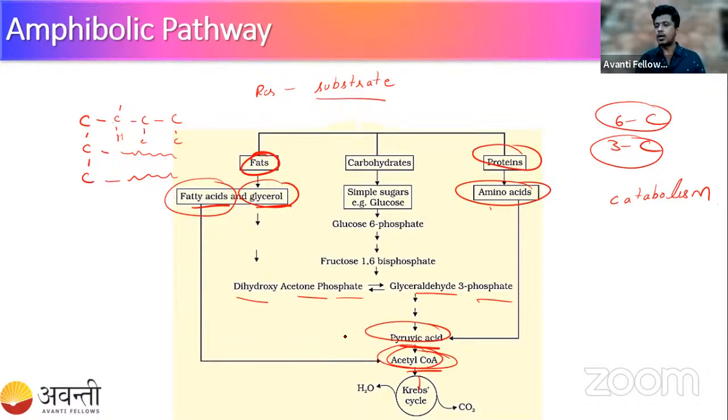For the synthesis of proteins, our body uses amino acids. So for the synthesis of complex materials like fatty acids or proteins, we have to construct them from simple compounds. So we combine several amino acids to produce polypeptide chains, and polypeptide chains will give us proteins, which is nothing but anabolism, right? So that means simpler to complex. We are building something.